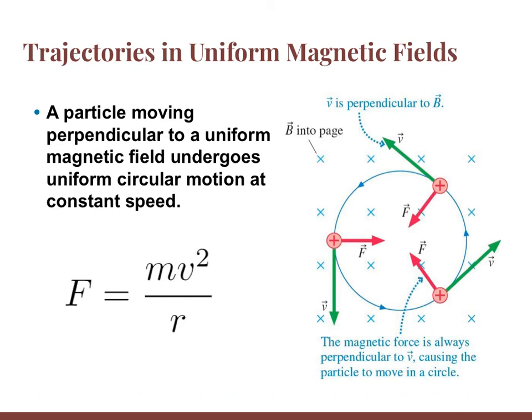Now, something that is a very peculiar result about magnetic fields is that due to the nature of the cross product, the force is always perpendicular to the velocity. Always. That's how a cross product works. That's how magnetic force works.